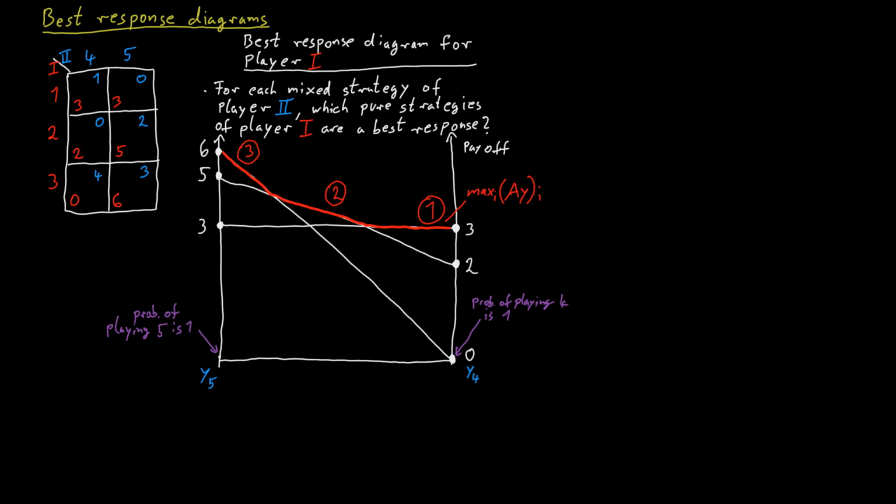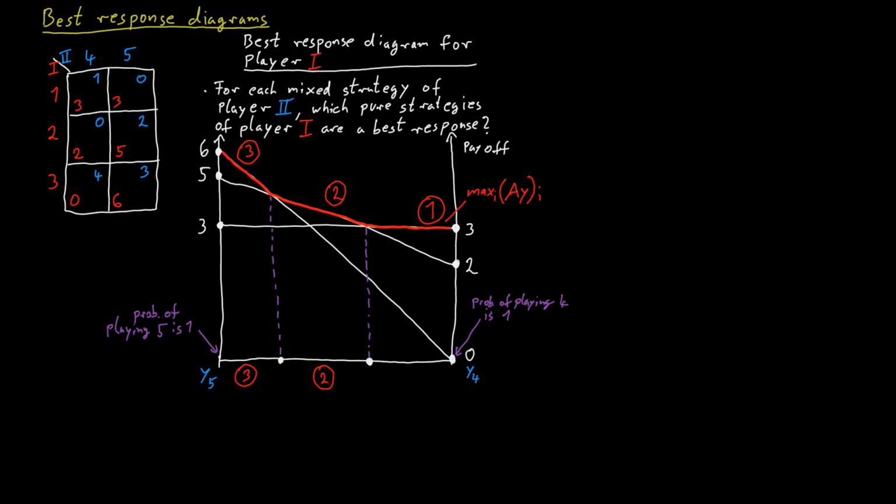Okay, so now we know for each mixed strategy of player 2 what the best response of player 1 is. If we are on the left side of this line, in the left third of this line, the best response is playing strategy 3. And then if we are in the middle, the best response is actually to play strategy 2.